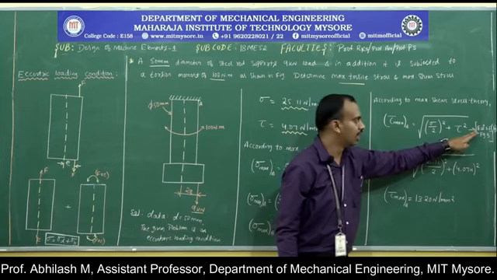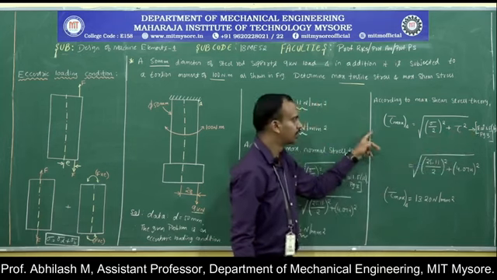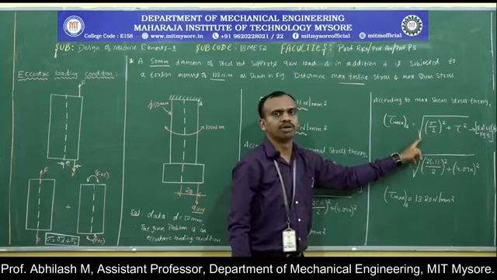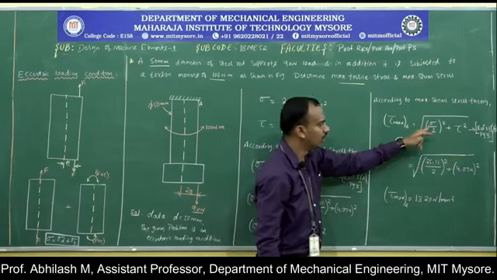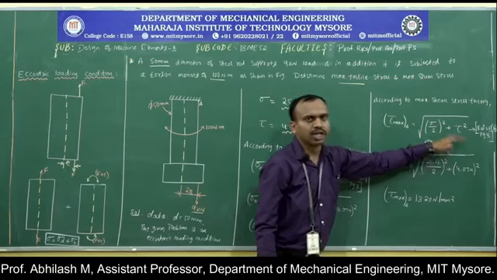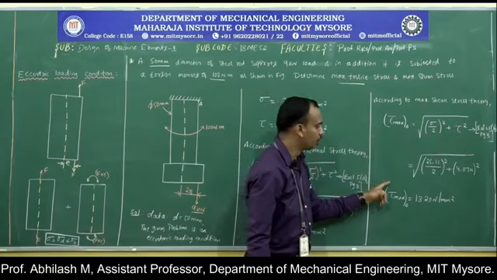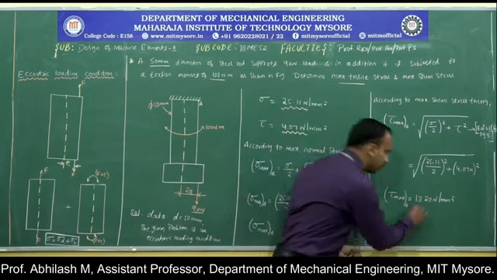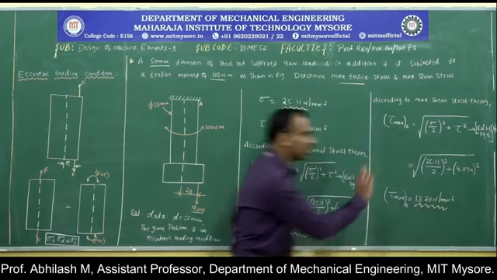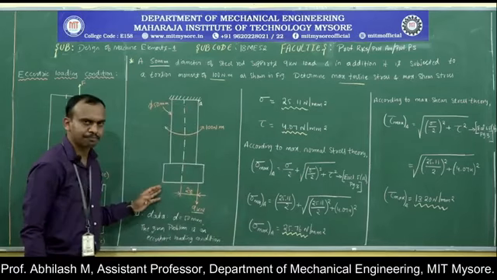If we refer to this equation, we get the expression for the maximum shear stress because of the combined load condition. Now substituting the values of sigma and tau that we have calculated, we obtain the maximum shear stress developed in the member because of the loading conditions they have given.